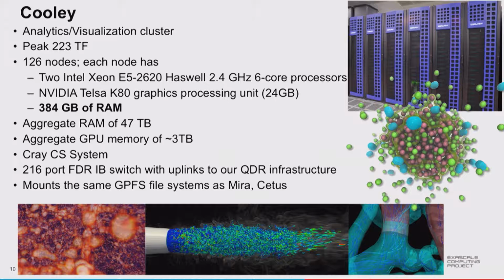One of the things that's important about this system for us is that it shares a file system with Mira, the compute resource. I alluded to before, and we're going to talk more later about in situ visualization and analysis, where you do visualization and analysis on the data while it's still in memory on the compute resource, because the gap is widening between the rate at which you can calculate data and the rate at which you can write it to disk.